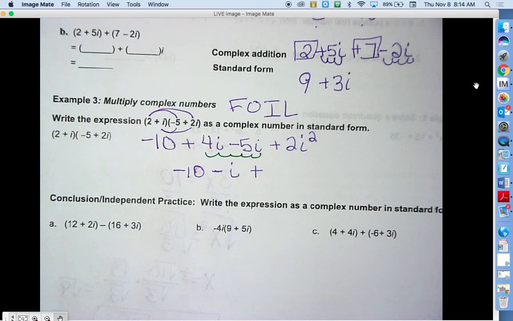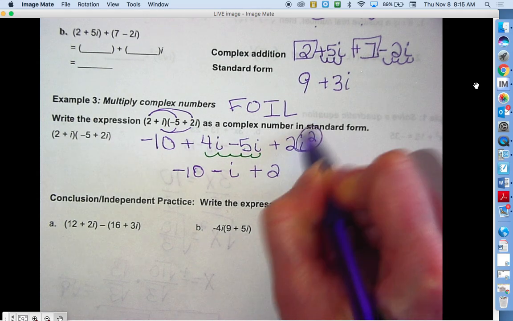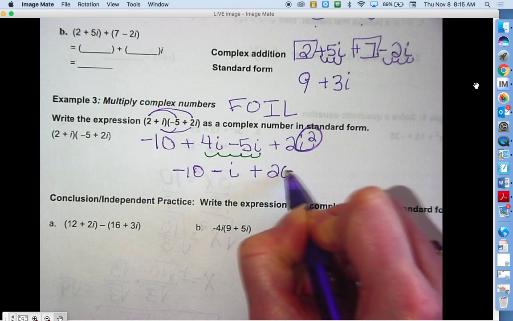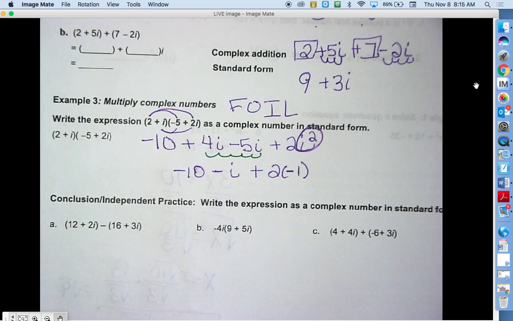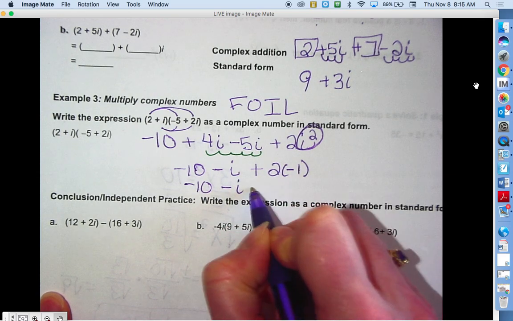Alright, so now we need to combine things together. So Holly, if we combine our i's together in the middle, we have 4i minus 5i. So what's that make? Right, negative i. And then is there anything else that we can simplify or change? That last piece says plus 2i squared. Julian? i squared is negative 1.